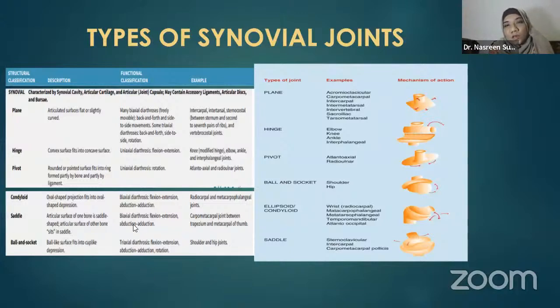So this is about what joints are, the classification of joints, the structure of a synovial joint, the different movements allowed in the synovial joint, and the different types of synovial joints. With this, we have completed the class.